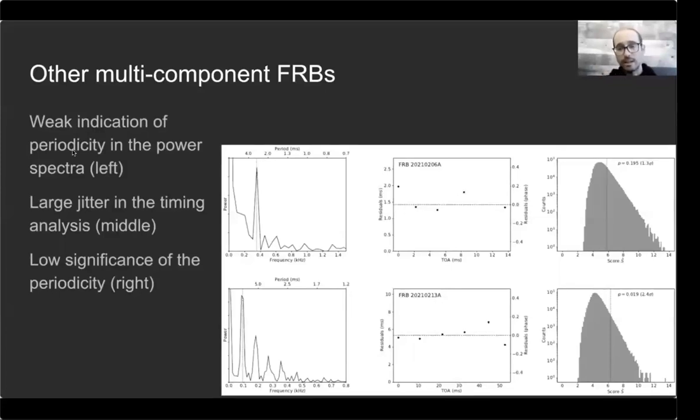And in fact, the confidence for the periodicity estimated on the right with a large number of simulations, as done in the previous case, only brings the significance to 1.3 and 2.4 sigmas for the two events. Therefore, we consider these additional sources to be interesting, but not significant enough to be included in the rest of the analysis.